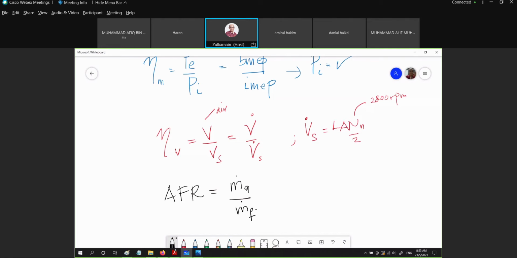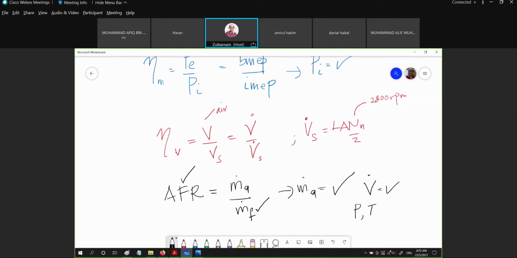Ini kita dah ada kan? So kalau given this is the air fuel ratio, jadi dalam kes ini kita boleh selesaikan kita punya m dot A. Okay. So kalau kita dapat nilai m dot A, then kita boleh dapatkan kita punya V dot, dengan syarat given the P and T.